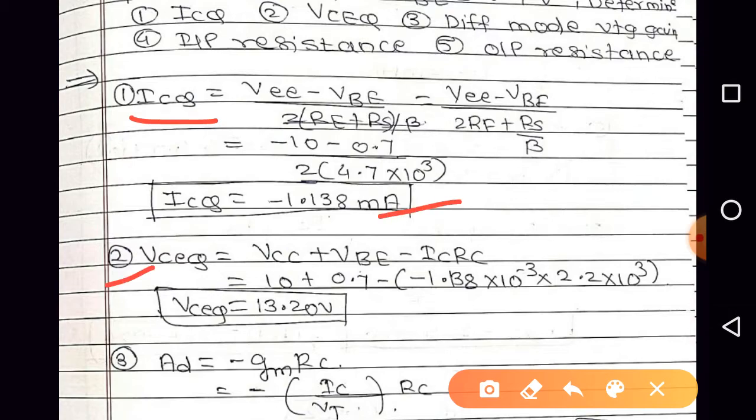Second, we have to find out VCQ. We have the formula for VCQ: VCC plus VBE minus IC times RC. All the values are given, put those values, do the simple mathematical operation, we will get VCQ is equal to 13.20 volt.